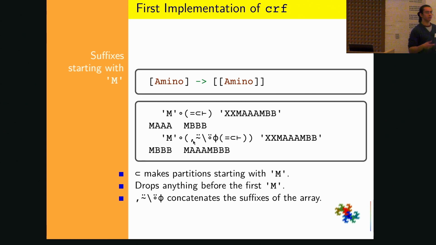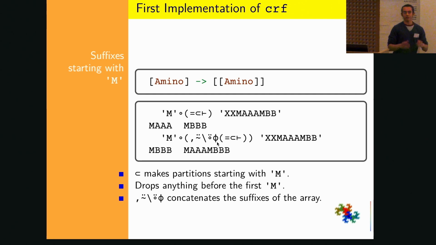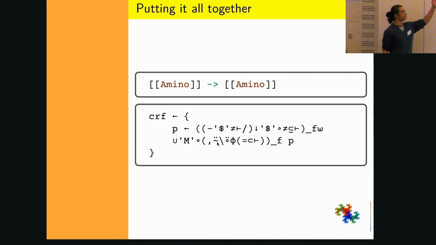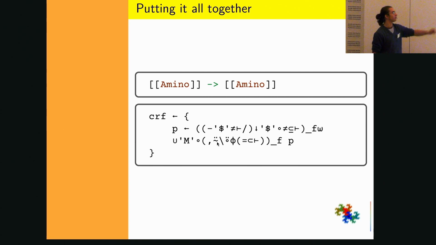concatenation scan from the back. So this is a fancy incantation. It's catenate flip scan in reverse, which will give us magically the suffixes of the list, which is actually our final solution. So we can put it all together in a function of list of amino acid to list of amino acid.